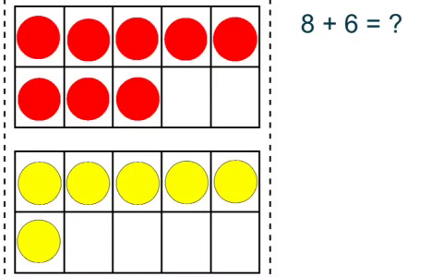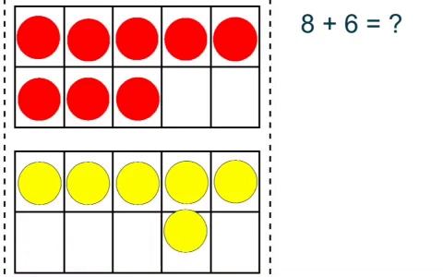In order to use the double 10 frame to help us add and decompose, I'm going to have to move some of the dots in the bottom 10 frame to the top of the 10 frame. Watch closely. I have 2 empty spaces right here in my top 10 frame. So what I'm going to do is move 2 of my yellow counters.